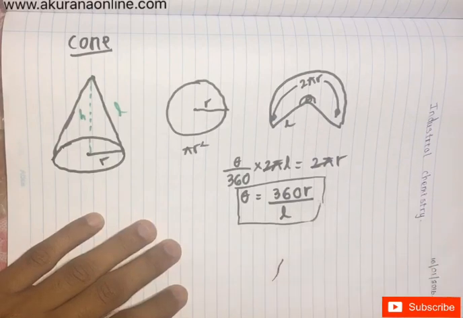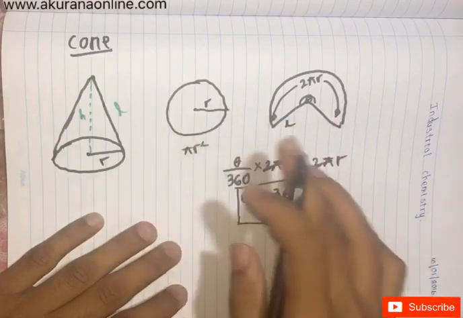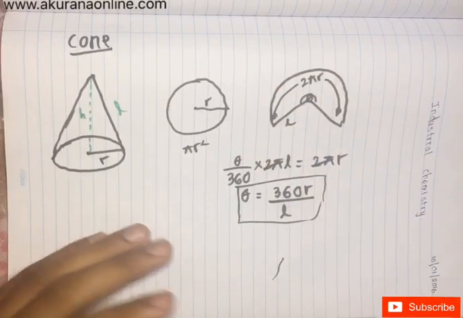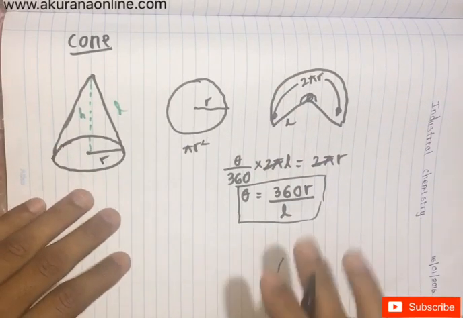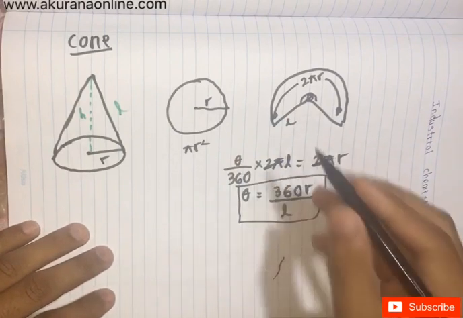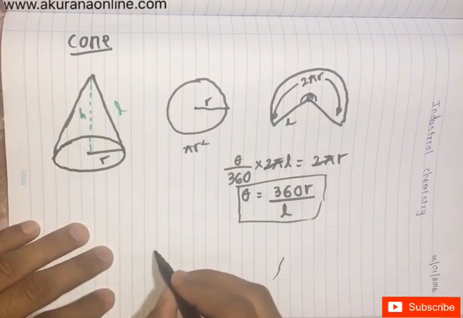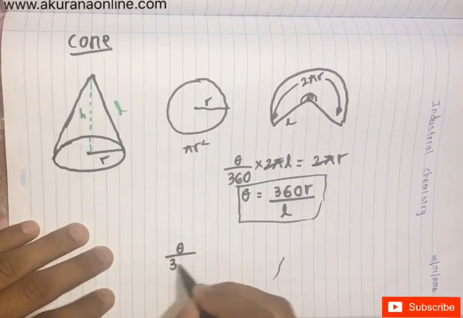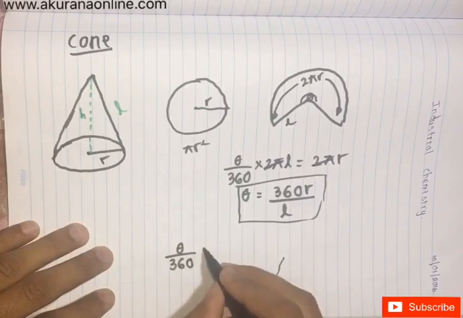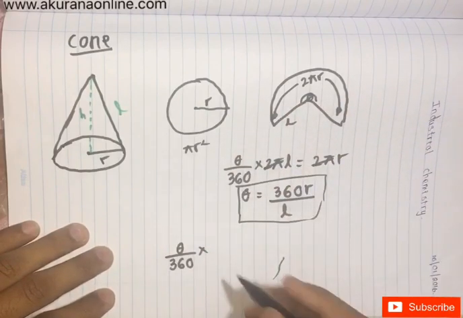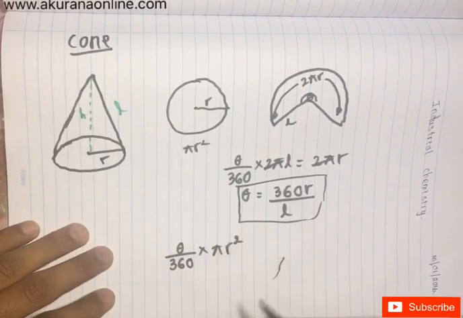Now I am going to find the surface area of this sector part. Normally what is the equation you use for the area of the sector? You use theta over 360, multiplied by pi r squared.